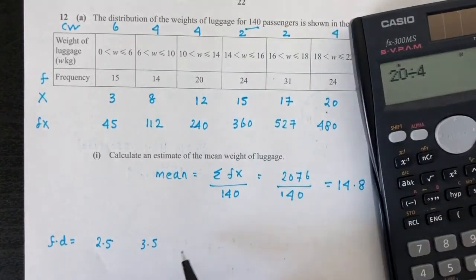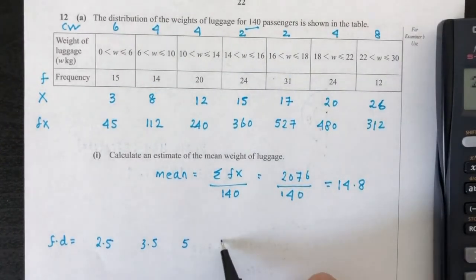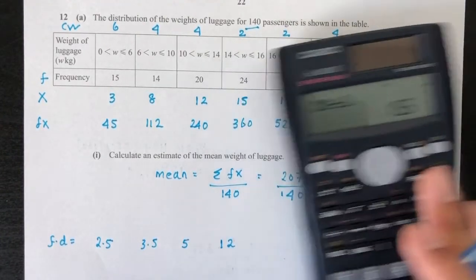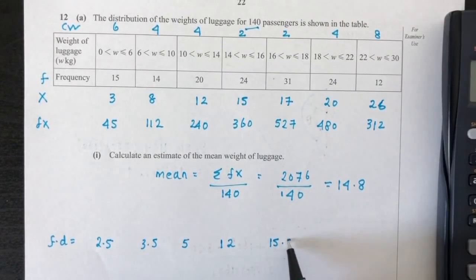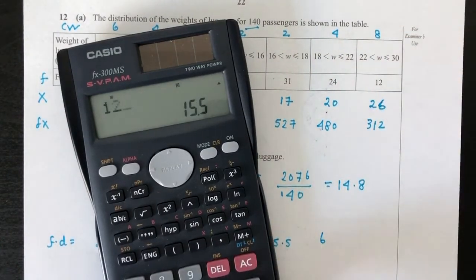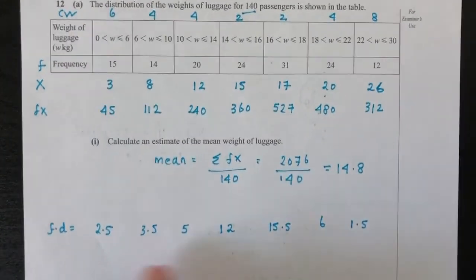That should be 5. 24 divided by 2, 12. 31 divided by 2, that should be 15.5. And 24 divided by 4 will be 6, and this divided by 8, that should be 1.5. So this will be your frequency density for each group.